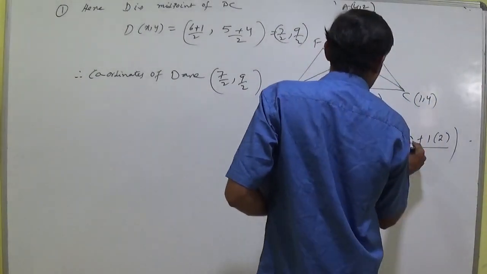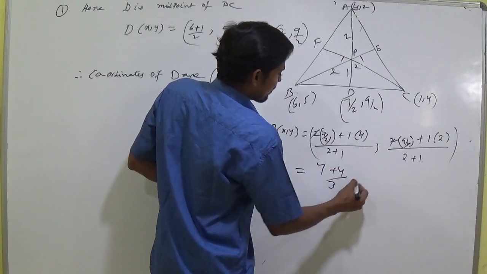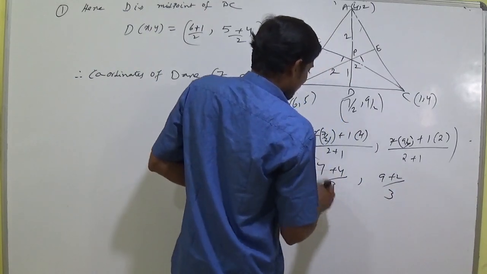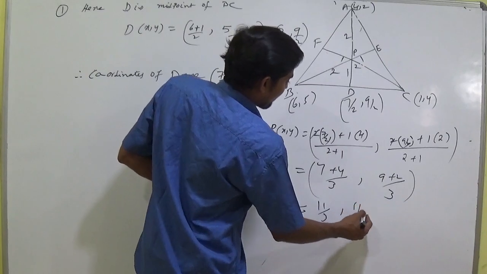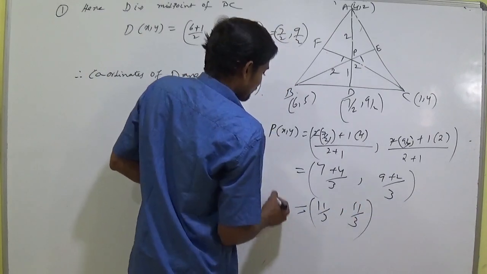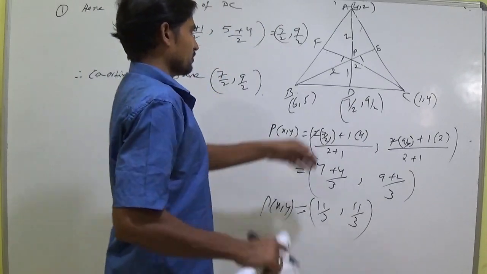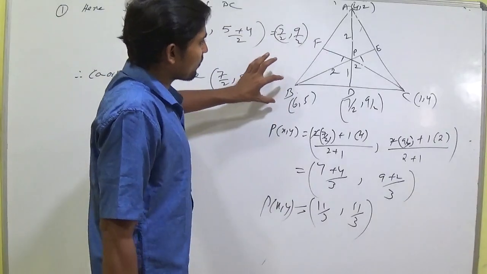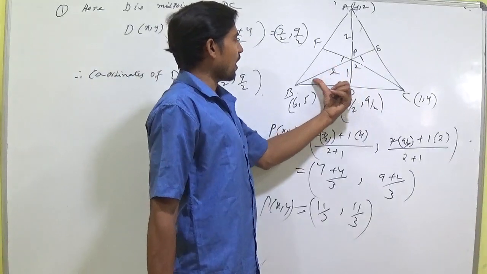So (7 plus 4) by 3, comma (9 plus 2) by 3, which is equal to (11 by 3, 11 by 3). P (x, y) when using AD. Like that you have to find P with the help of BE.